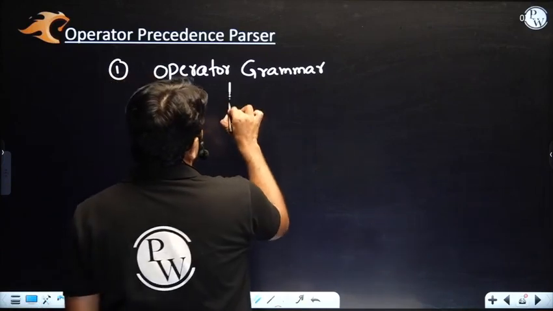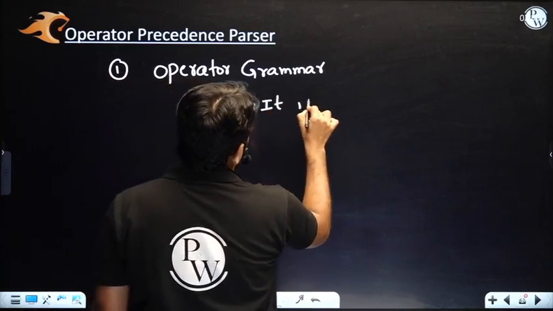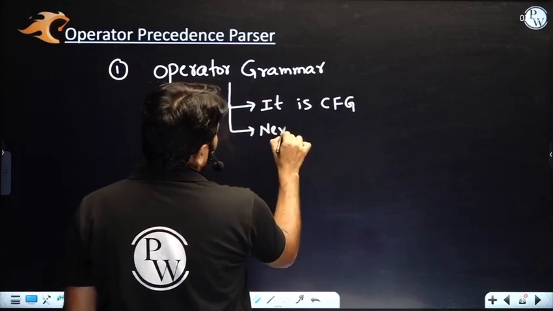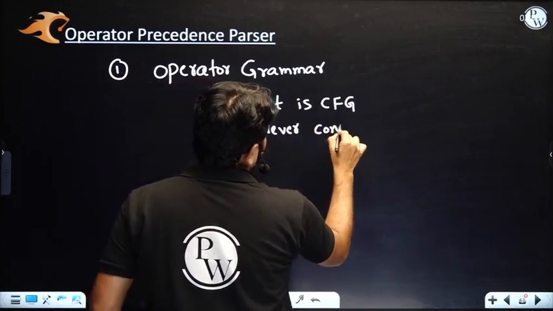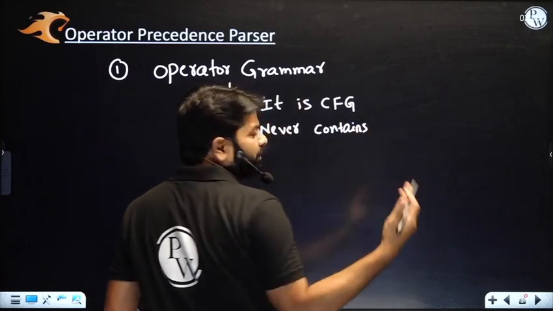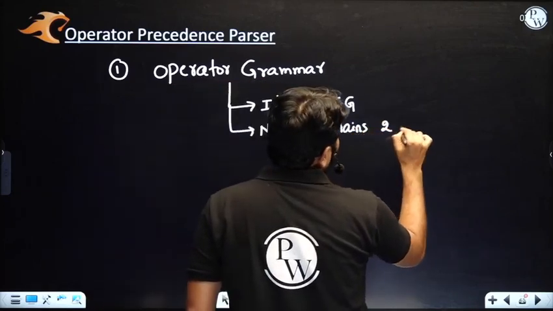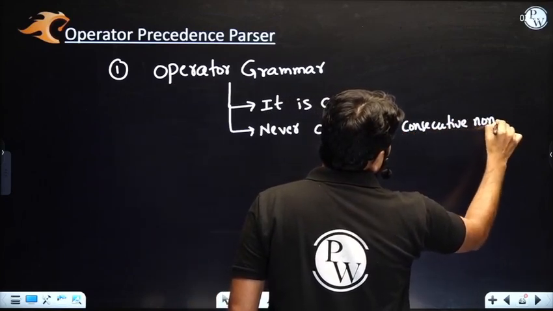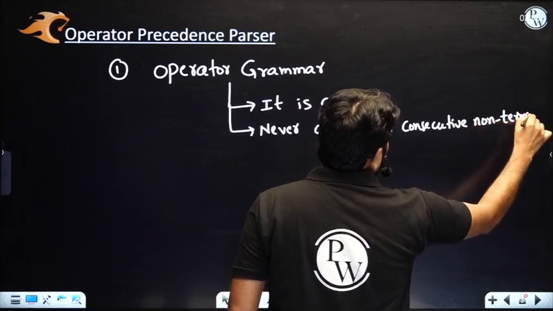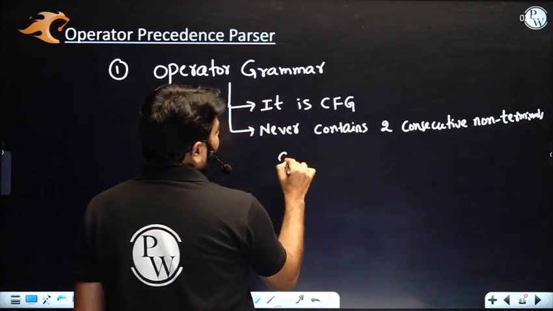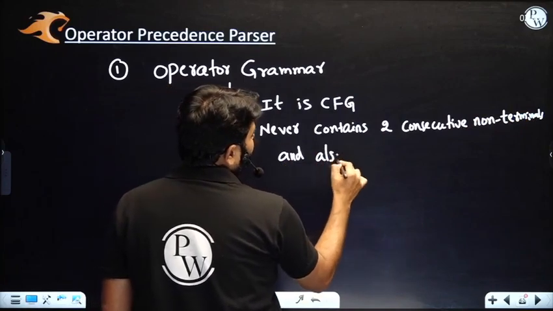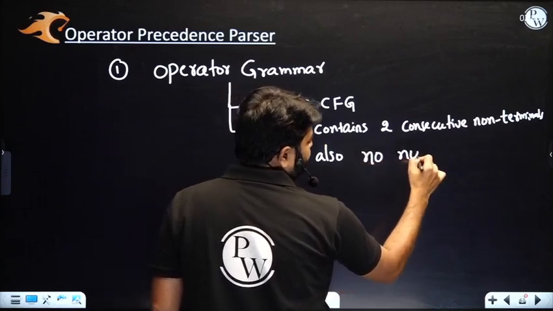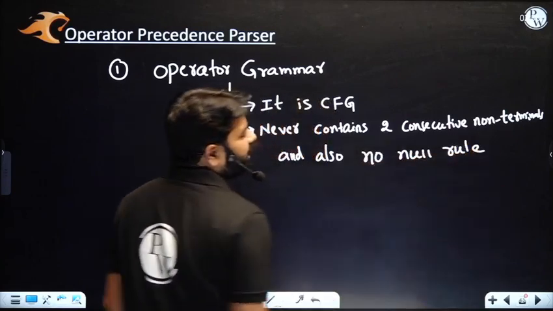So this operator grammar is actually a context-free grammar that in any production you see never contains 2 consecutive non-terminals, and also no null production in the grammar.